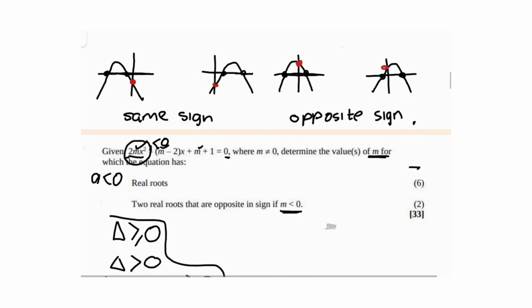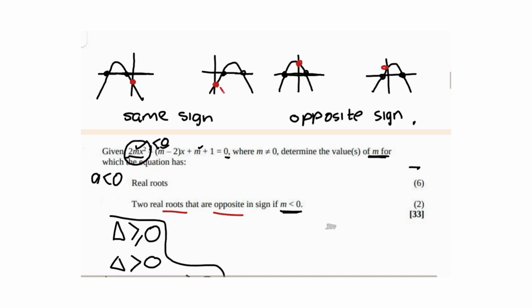Okay, so that is one thing that changes, that makes your graph have the same signs or opposite signs for its x-intercepts. Remember, when I say x-intercept, I'm talking about the roots. So now when they ask you the value of m in which the two roots are going to have opposite signs, we look at the value of c.